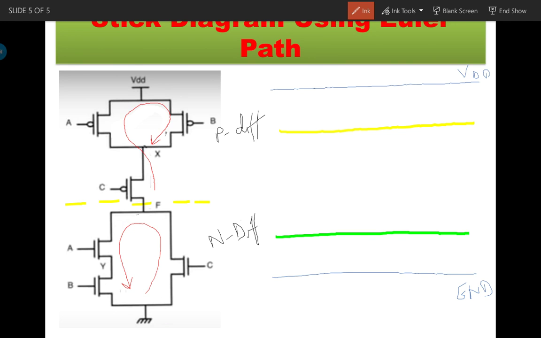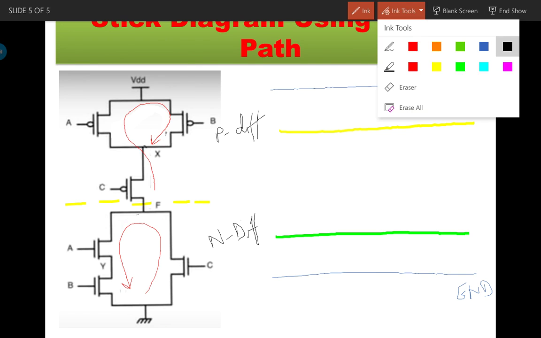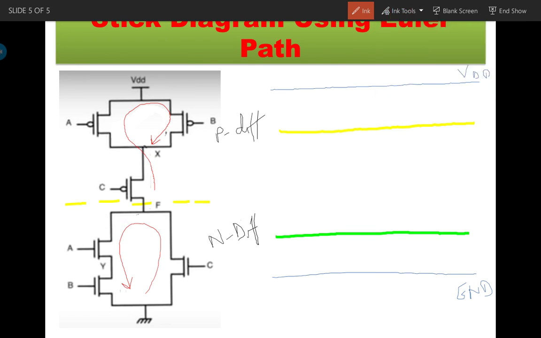Okay, now to form the transistors, 3 PMOS transistors and 3 NMOS transistors, we require 3 polysilicon layers that will cross the N diffusion layer and the P diffusion layer.